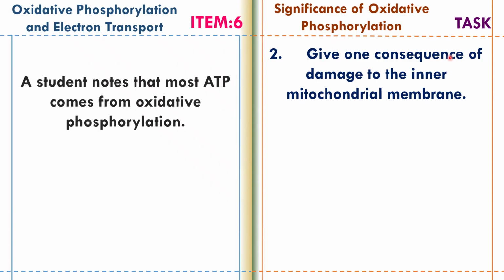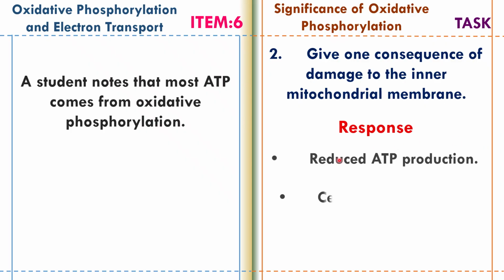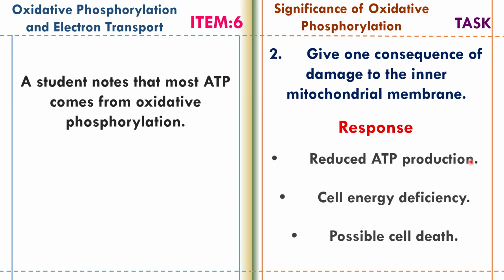Give one consequence of damage to the inner mitochondrial membrane. Reduced ATP production, cell energy deficiency, possible cell death.